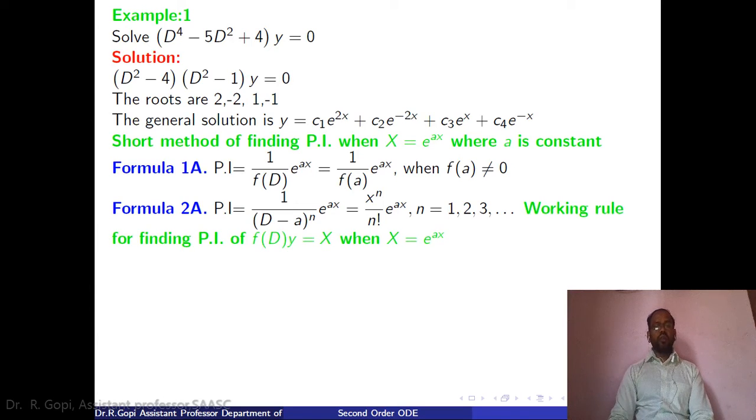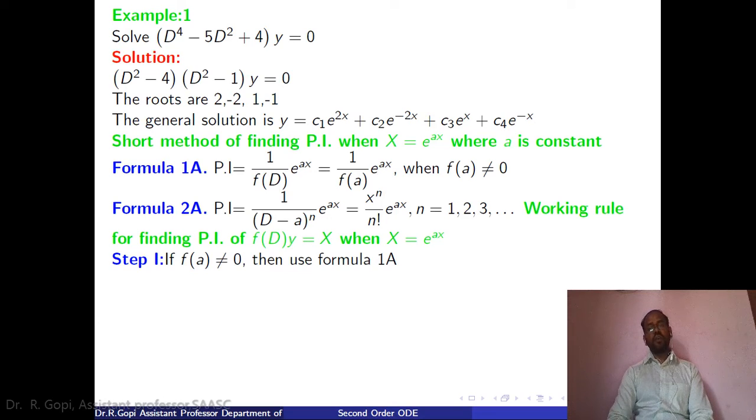Then the working rule for finding the particular integral of f of D into y equal to capital X, when capital X equal to e power ax. Step 1: if f of a is not equal to 0, then we replace D by a.